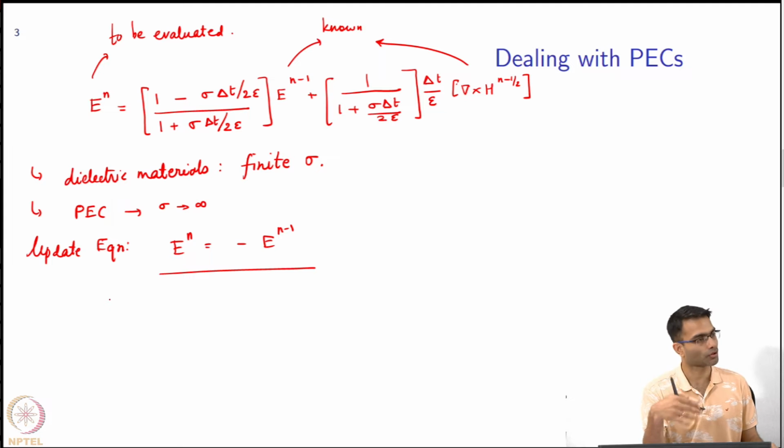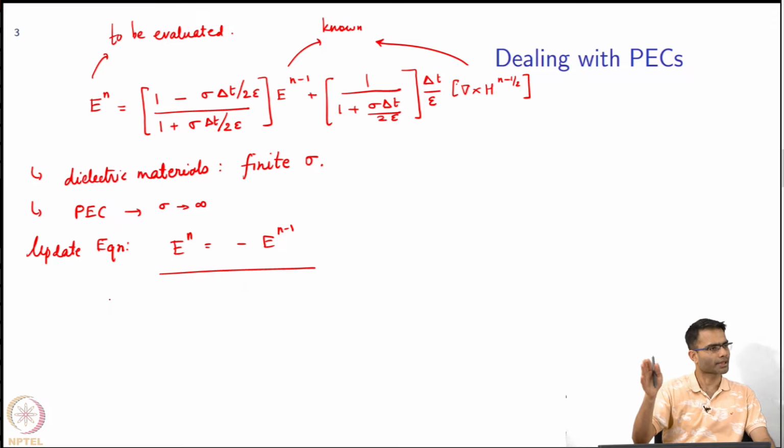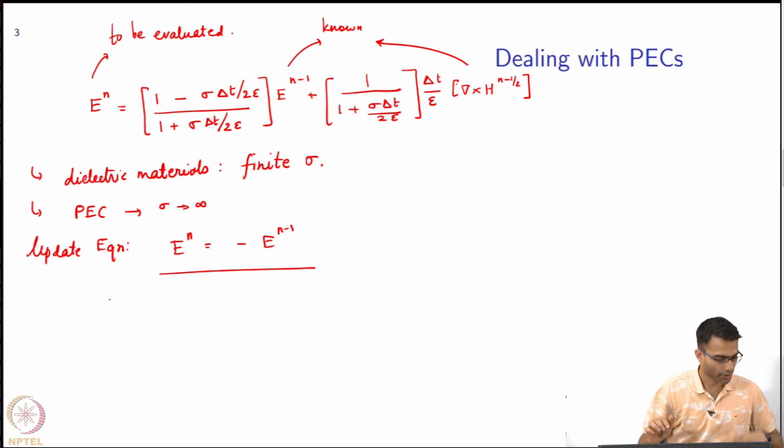The update equation is automatically doing it for me. So in some sense I don't need to explicitly keep running the update equations on the PEC locations. I can set it to 0 at each step explicitly, or I let the update equations run, and they will keep it at 0.